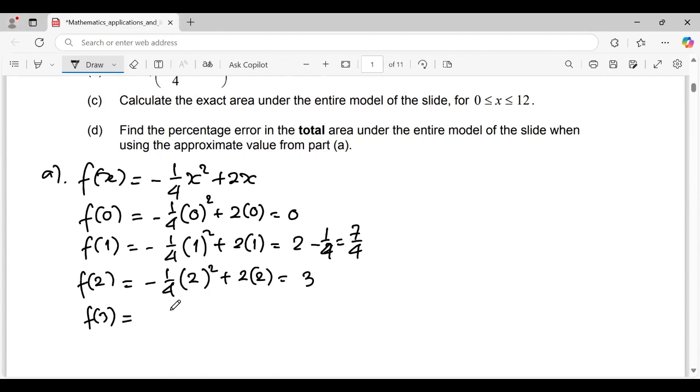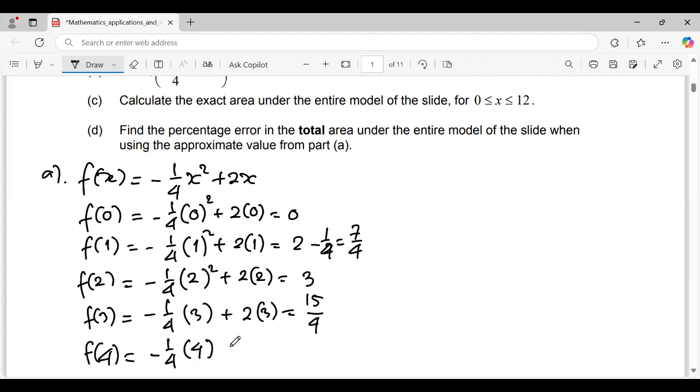If x equals 3, minus 1/4 times 3 squared plus 2 multiplied by 3, and it is 15/4. You may calculate. And if x equals 4, minus 1/4 multiplied by 4 squared plus 2 multiplied by 4, and it is 4, the result.